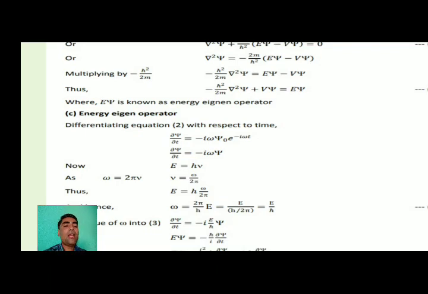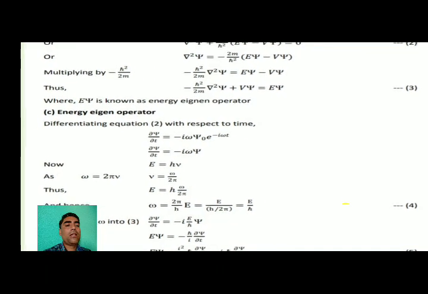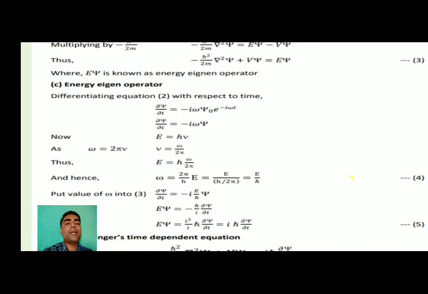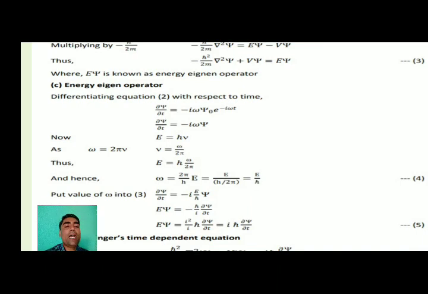But we know that h by 2 pi is known as the reduced Planck's constant. So E is equal to h cross omega, and hence omega can be expressed as E by h cross. So let's replace this omega as E by h cross. Therefore the first order derivative of psi, del by del t of psi, is equal to minus i times E by h cross into psi.